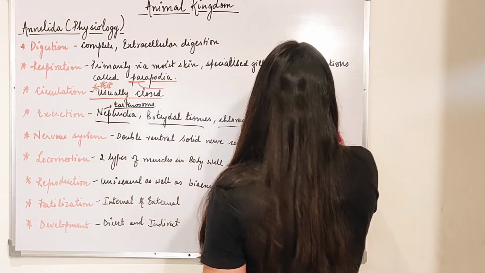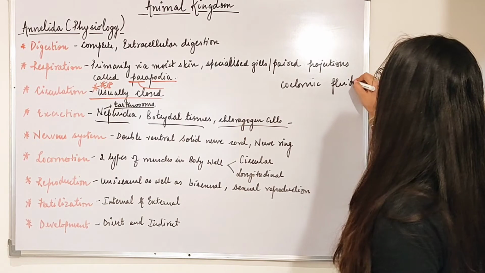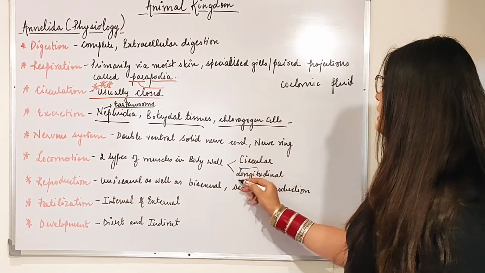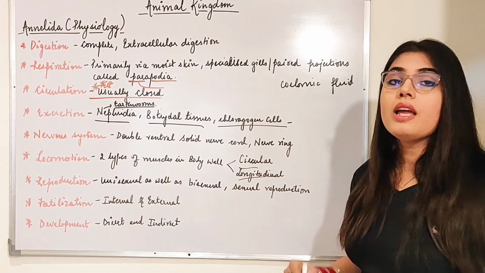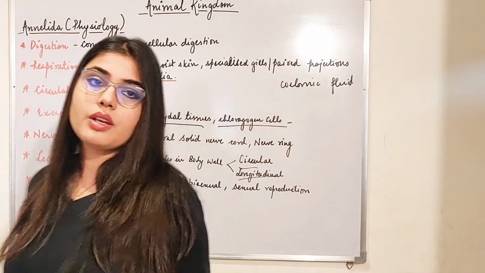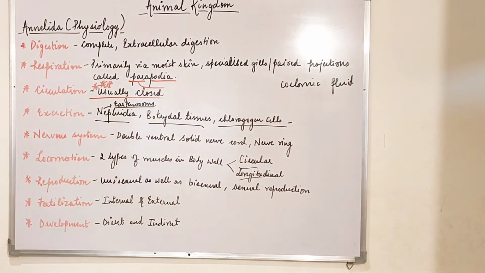This coelomic fluid, along with the circular and the longitudinal muscles, helps in the process of locomotion.